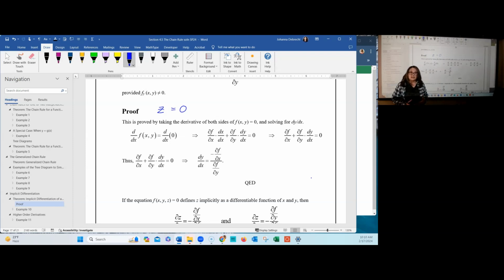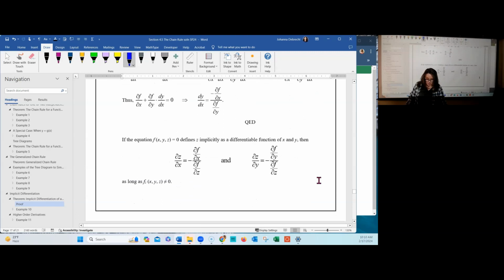We can solve this equation very simply for the derivative of y with respect to x by moving the partial of f with respect to x to the opposite side and dividing then by the partial of f with respect to y.